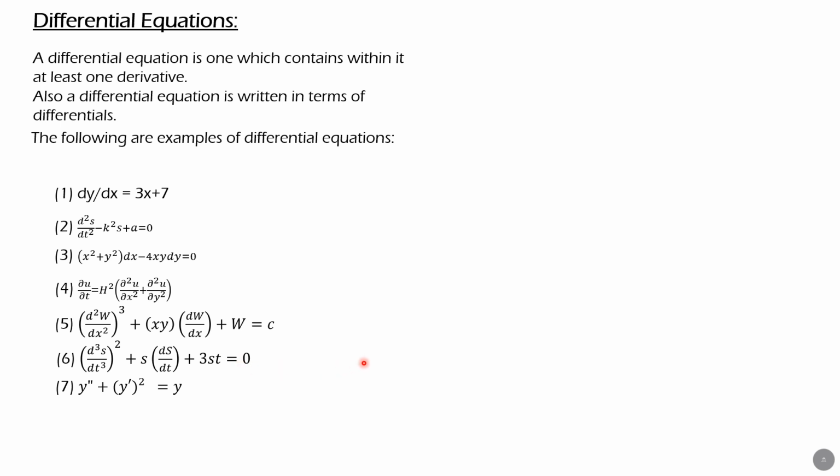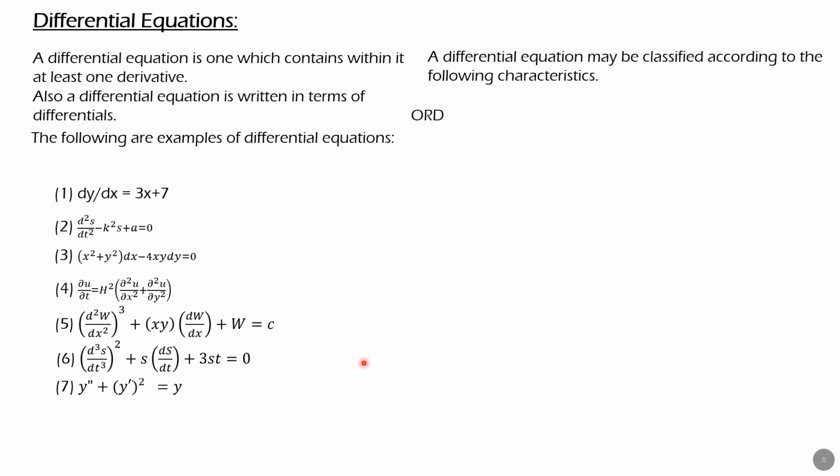A differential equation may be classified according to the following characteristics. First, the order. The order of a differential equation is the order of the highest order derivative in the equation.